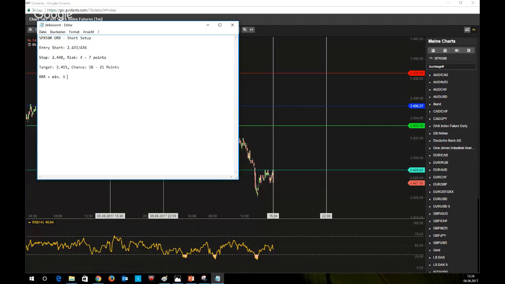Min 1 to 2. And this is the setup I formulate here based on the current market conditions. And in fact, it takes some patience here, but you clearly have a clear setup, which is completely fine considering the current market conditions.